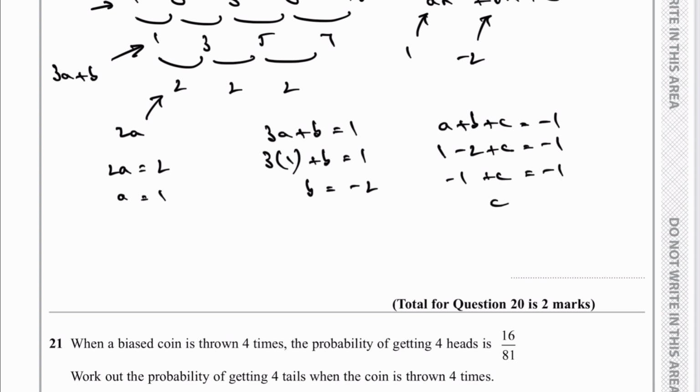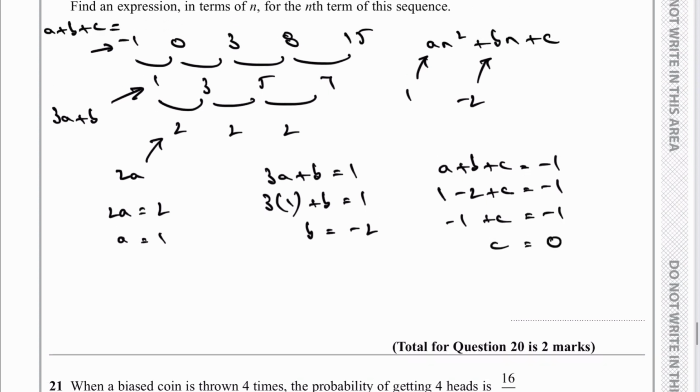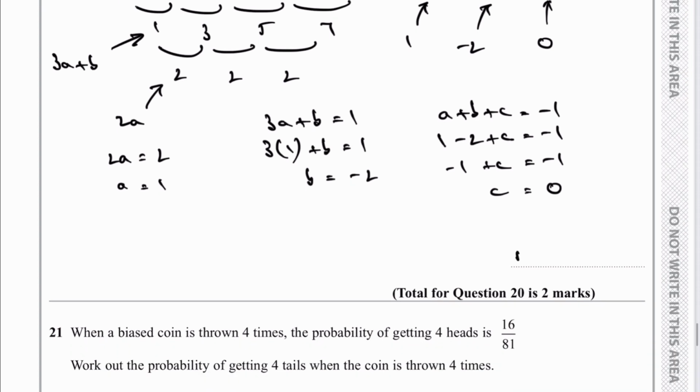So in this particular case c equals 0. So I can write that at the very top, 0. Okay, so I'm in a position now where I can just tidy this up. I've got 1n squared minus 2n, so I'm just going to write my quadratic sequence as n squared minus 2n, and that would be the answer to the question.